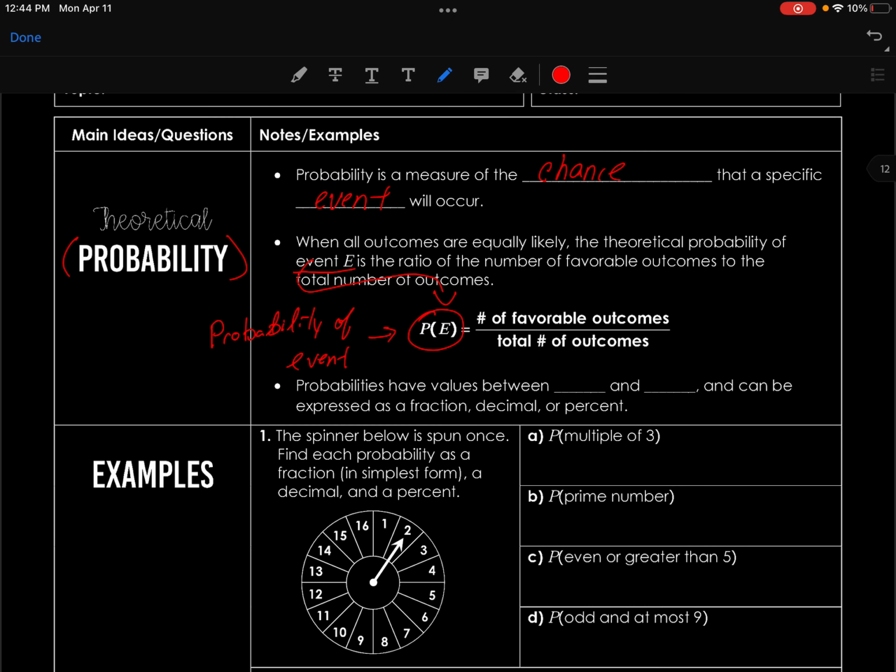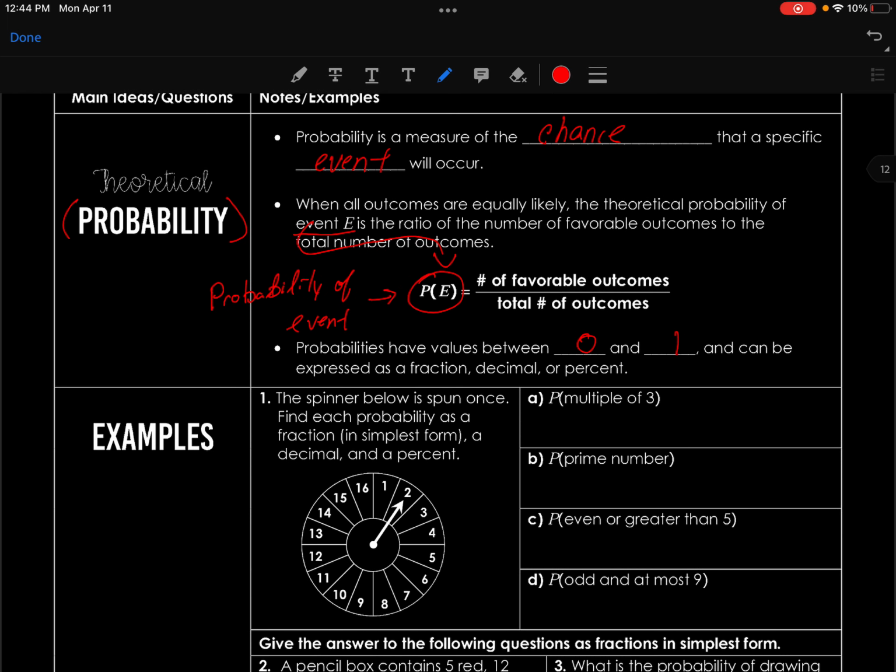Probabilities have a value between 0 and 1 and can be expressed as a fraction, decimal, or percent. The reason why probabilities have a value between 0 and 1 is because 0% is represented as 0 and 100% is the same thing as 1.00. In probability, we don't go above 1.